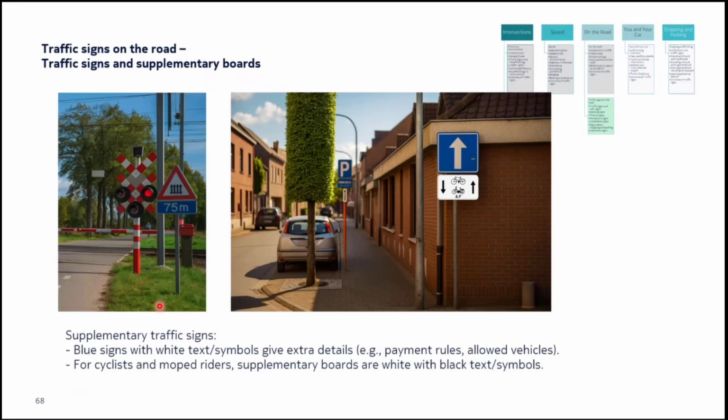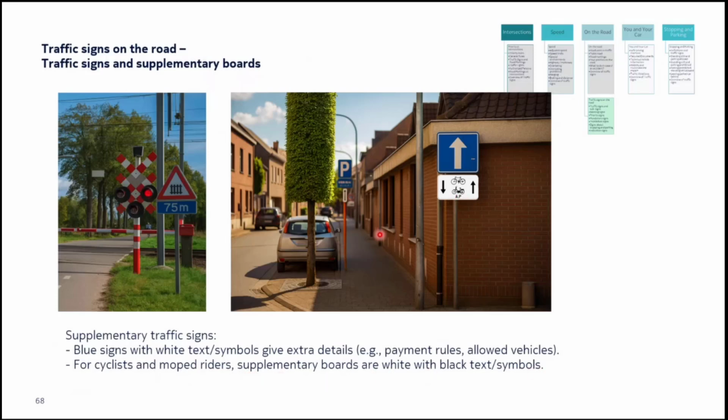So these supplementary signs can be blue signs with white text or symbols, which give extra details. For example, here the blue plate indicates that at 75 meters, there is a level crossing with gates. This warning sign is an indication of a level crossing with gates. Now, there can also be supplementary plates for cyclists and mopeds, and these are on white plates with black ink.